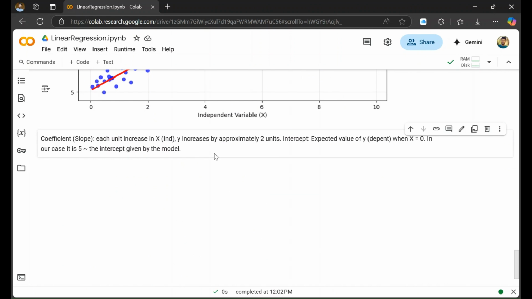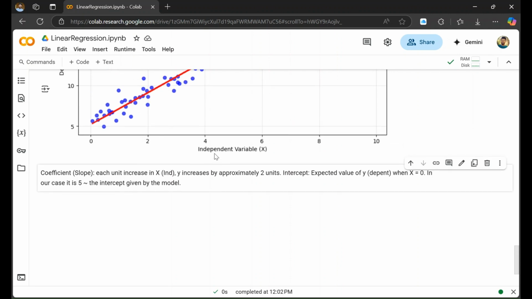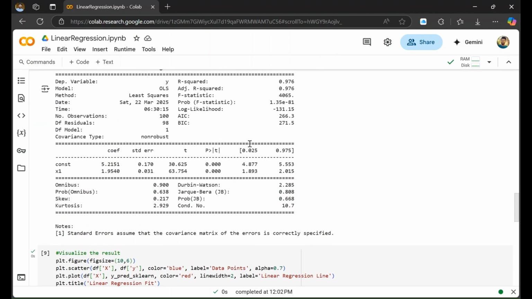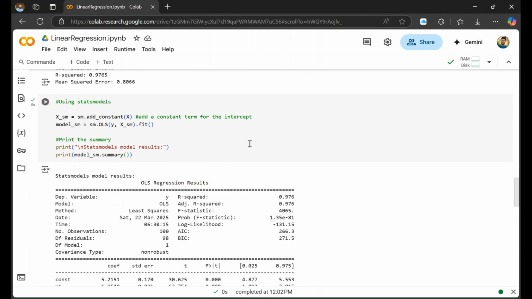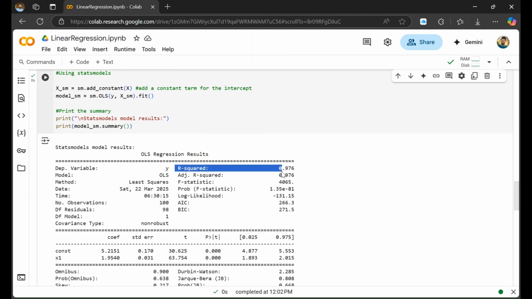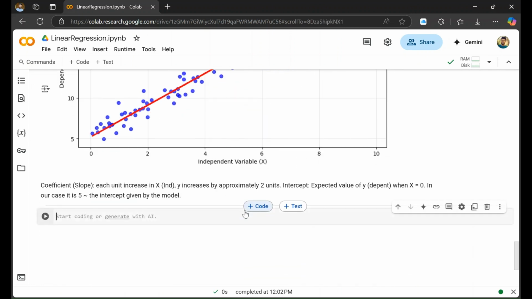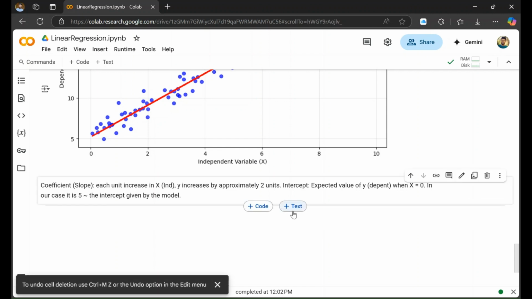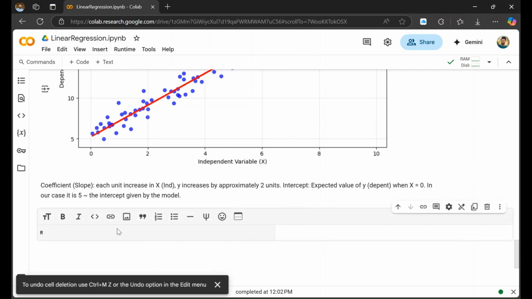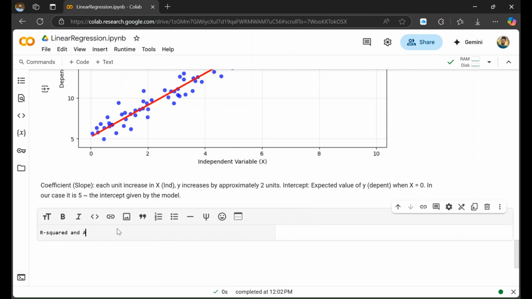Next, R square and adjusted R square. Yes, here we are getting 0.976 for both. Both are equal to 0.976.